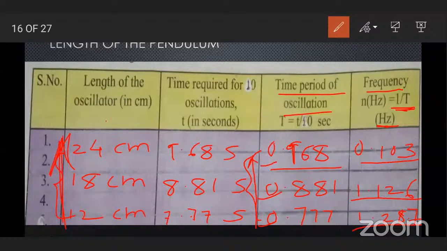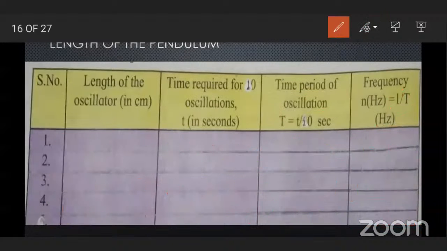This is the length of the pendulum or oscillator. For example, you can take 30 centimeter, and for all observations, the length of the oscillator or pendulum will be the same. But you have to change the amplitude.